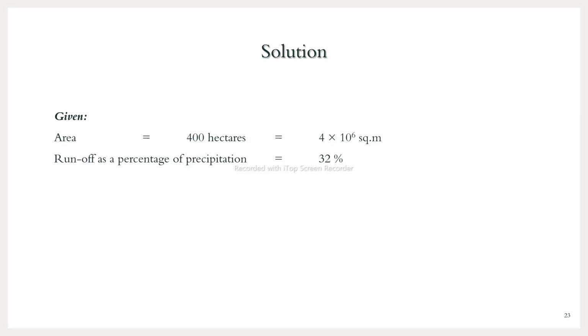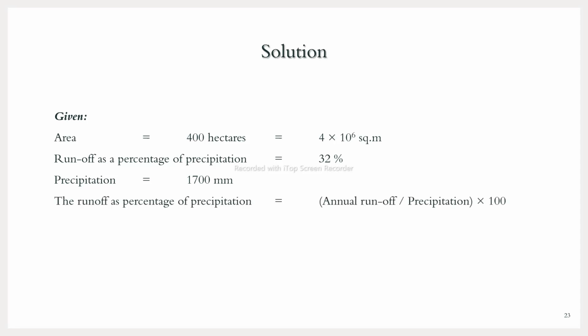Runoff as a percentage of precipitation is given as 32%. Precipitation is the P term in the water budget equation, that is 1700 millimeter, and the runoff as percentage of precipitation you can express as annual runoff divided by precipitation into 100.